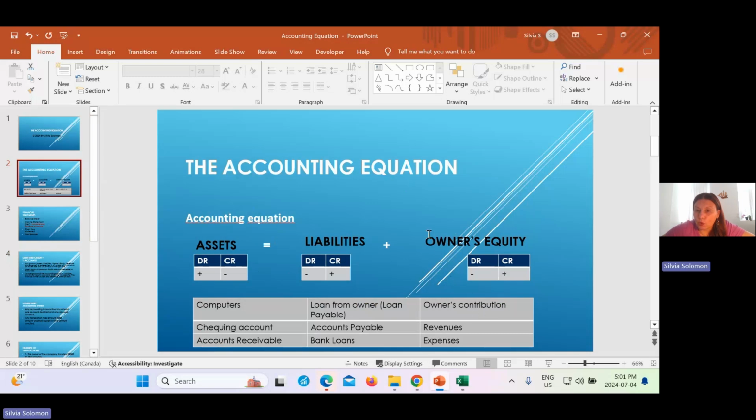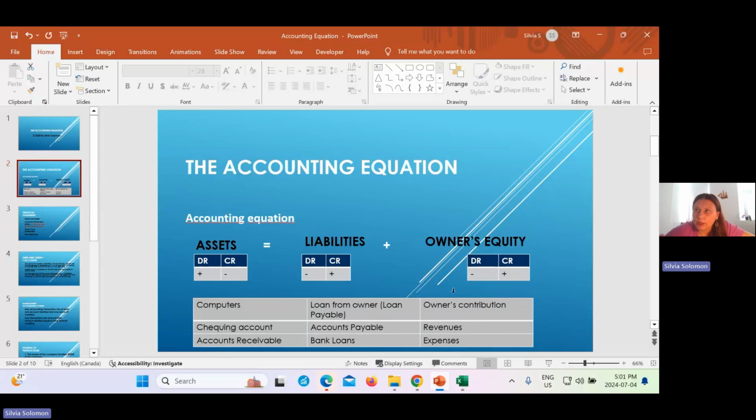Same thing for the revenues, just saying, okay, because we're going to go into details. The revenues are actually a part of the retained earnings, if you remember, because it's only the retained earnings as an account that is part of the owner's equity.